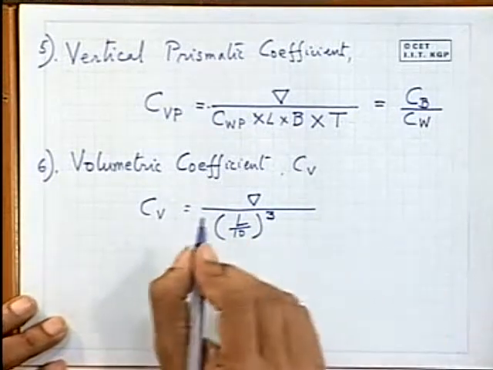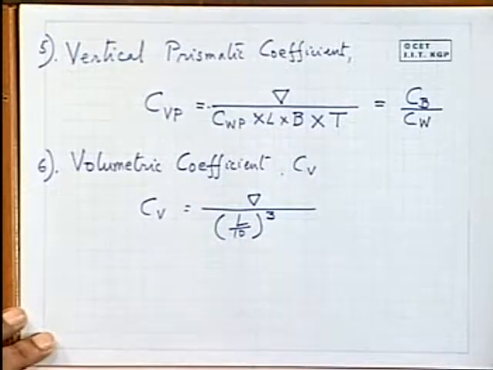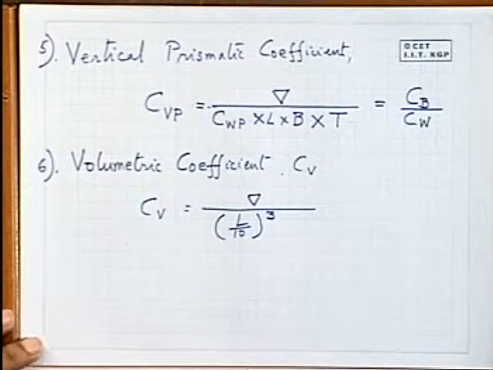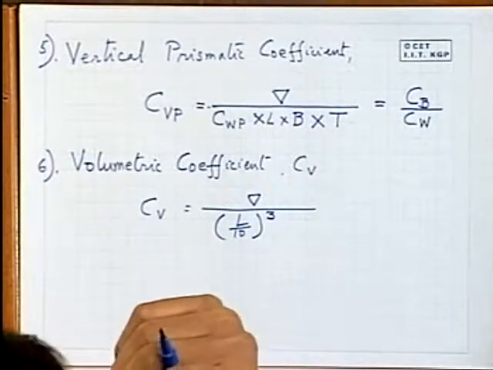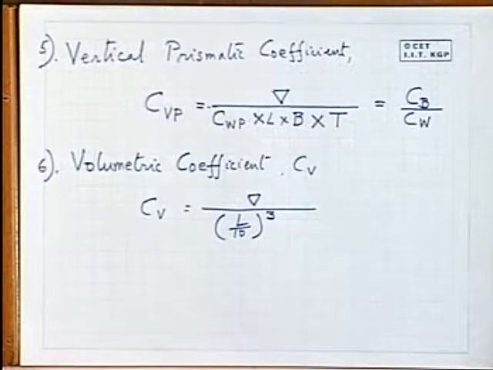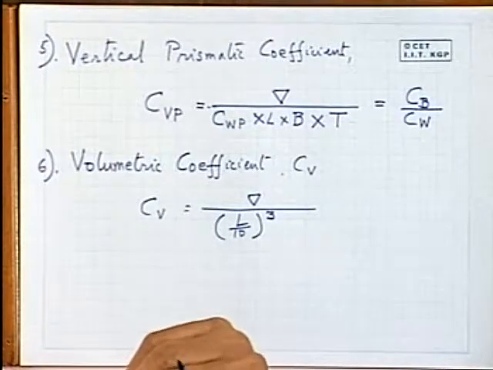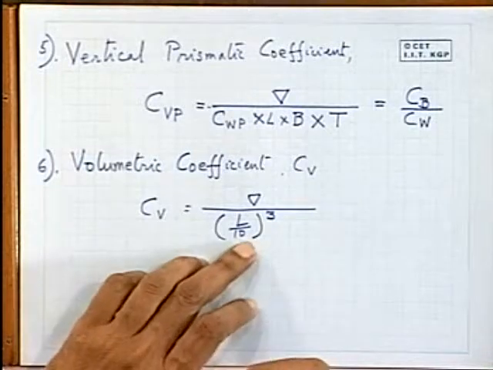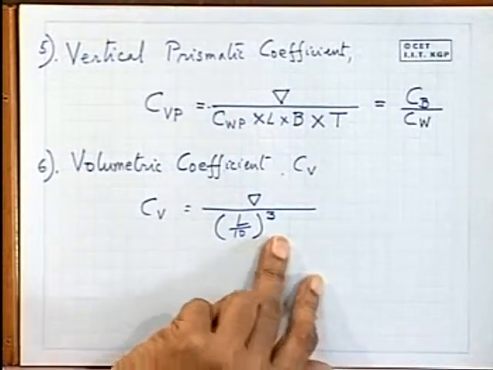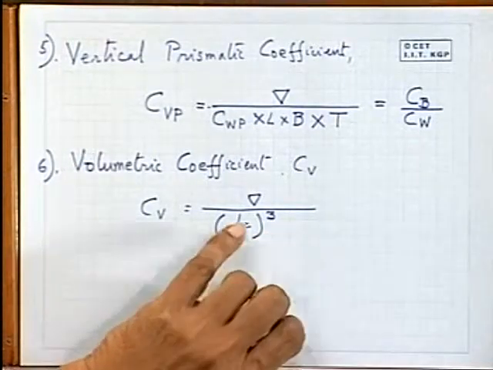I don't know why they have made it L by 10, but I think to get some easy number. It can be L into B into T also. That B into T is not given because we are giving the cubic dimensions which is based on the length.